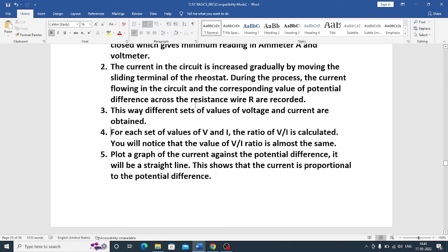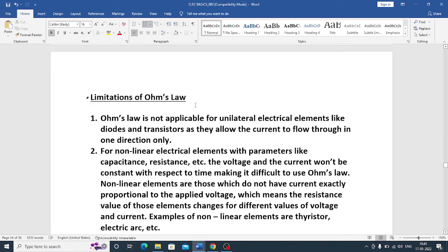Applications of Ohm's law: it is simple and can be used in many circuits for simplification and calculation purposes. Limitation means it cannot be used in electrolytes, diodes and non-linear resistances. See, a diode is a unilateral circuit. There Ohm's law cannot be used.